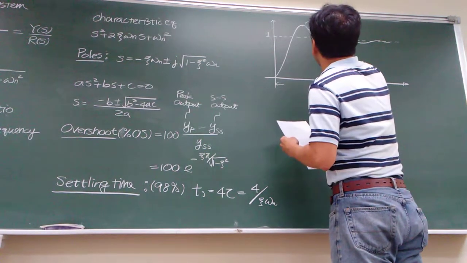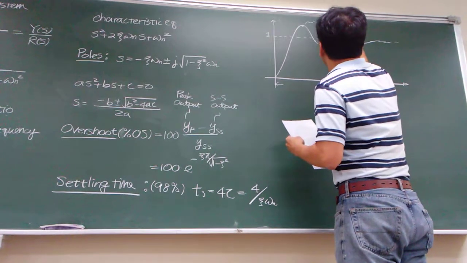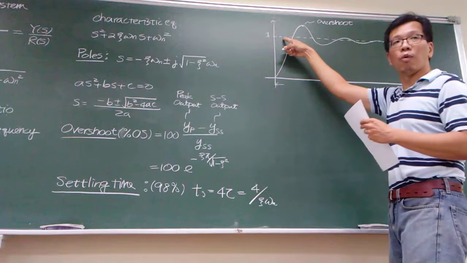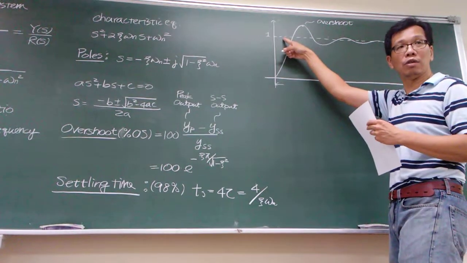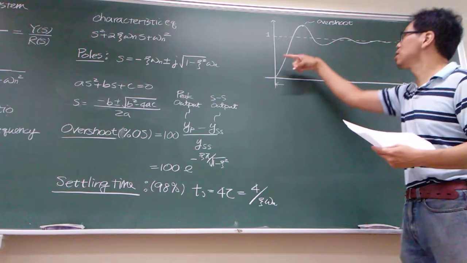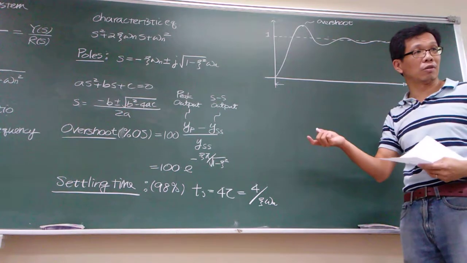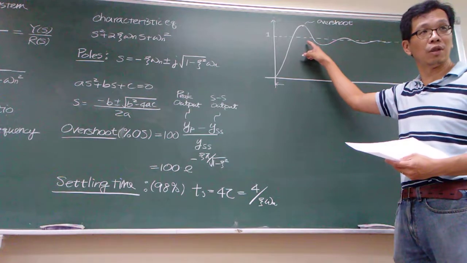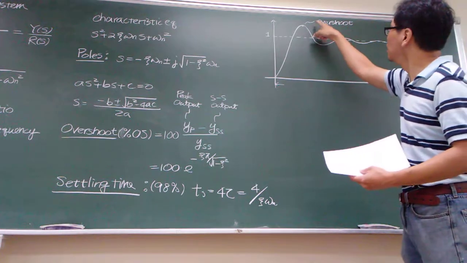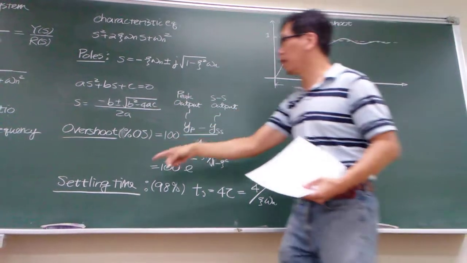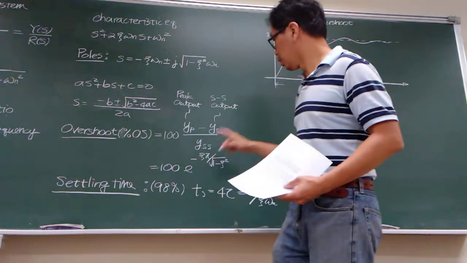So when we are doing things over here, this point over here is my overshoot. So this is my 1. Steady state, I want everything to be 1 output. But since this one is oscillating and this is a second order system, we have no choice but to have some kind of overshoot over here. So how much percentage we're dealing with over here is something we can calculate based on the equation over here.